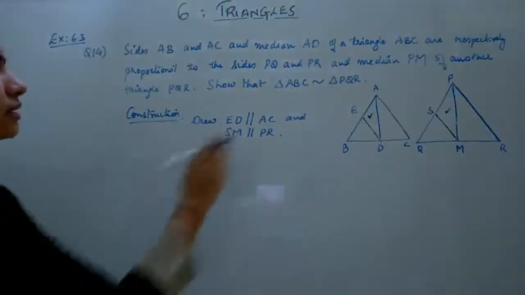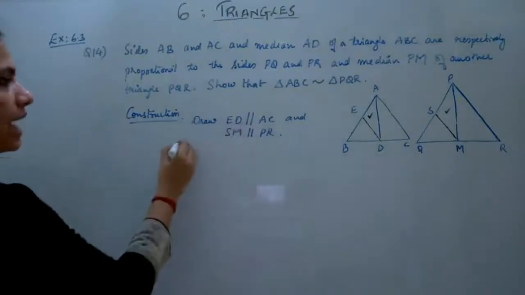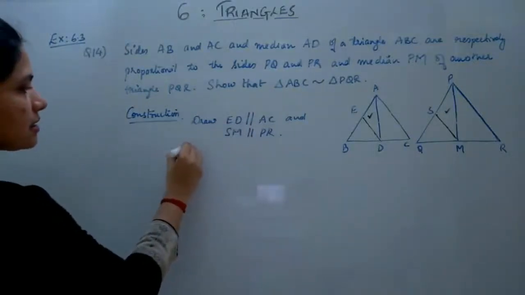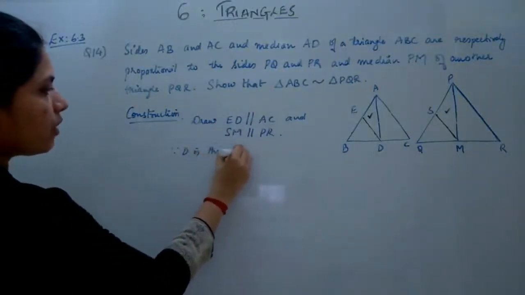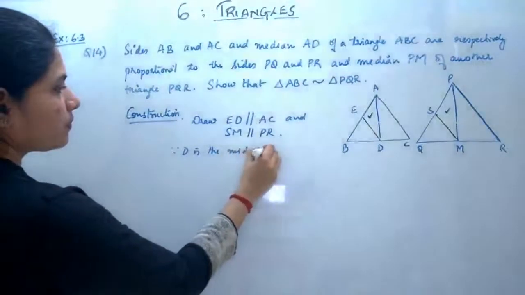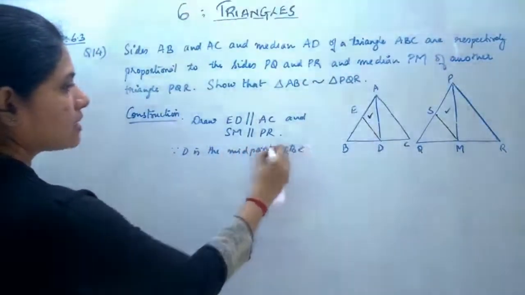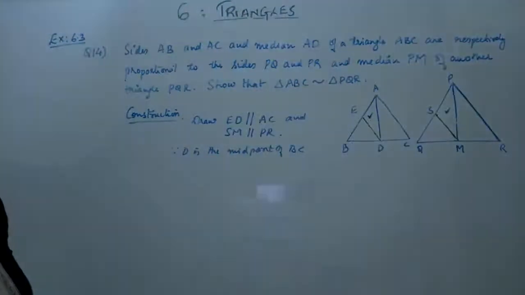Since ED is parallel to AC, and D is the midpoint of BC, why is it a midpoint? Because AD is acting as the median.